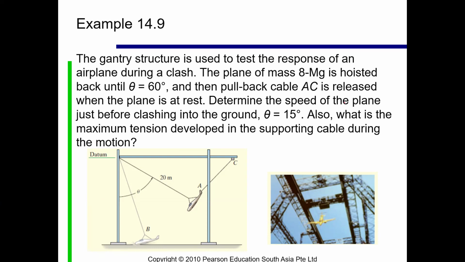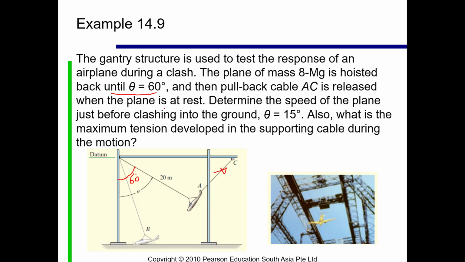Okay. The plane is hoisted back until theta is 60. So this theta is provided to be 60 here. And then, pulled back, cable AC is released. So then you will release this cable.